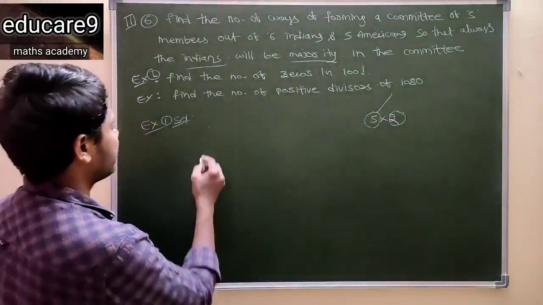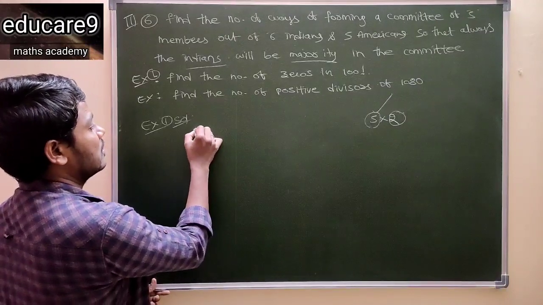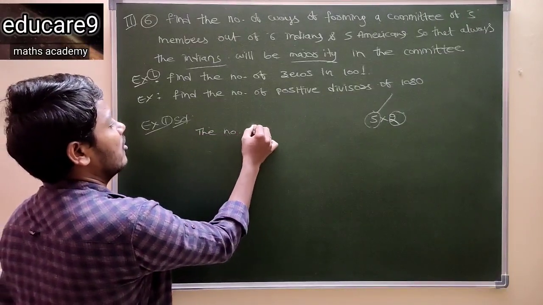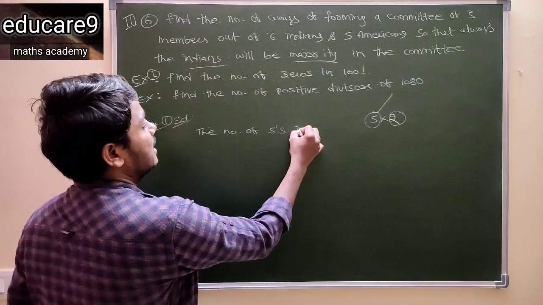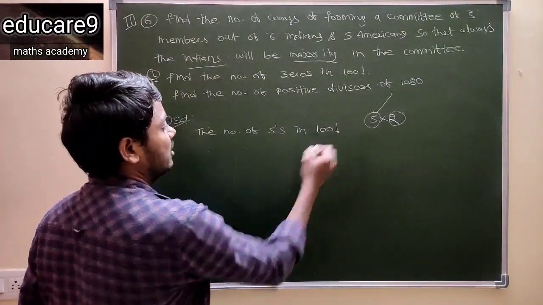So see here, the number of 5's in 100 factorial.